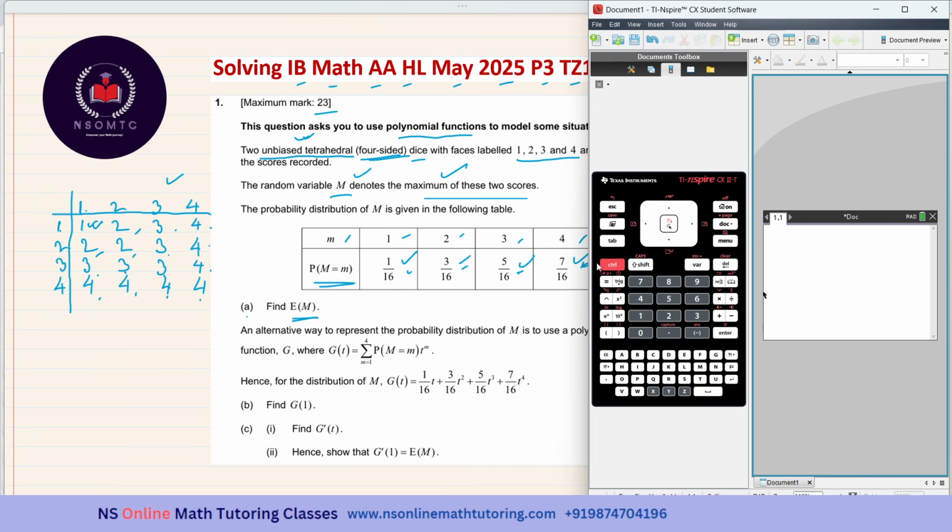I'm just adding the numerators. So 1 times 1 is 1, plus 2 times 3 is 6, plus 3 times 5 is 15, plus 4 times 7 is 28.